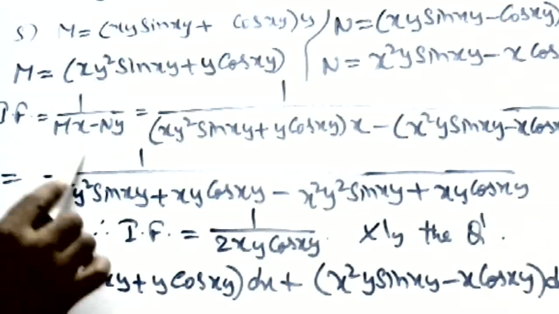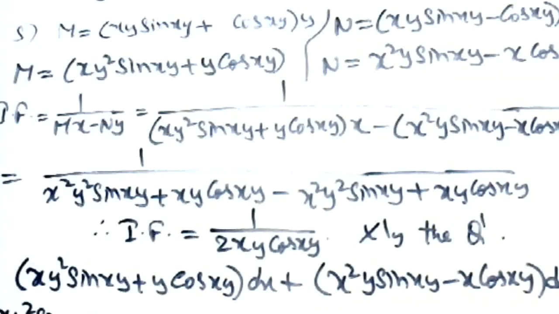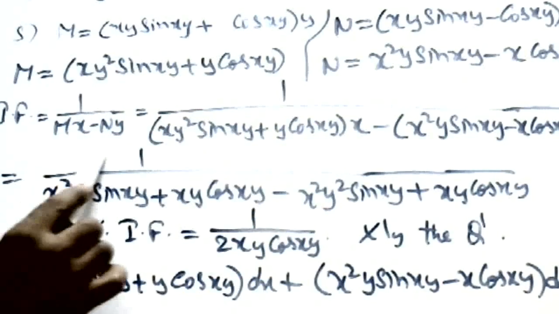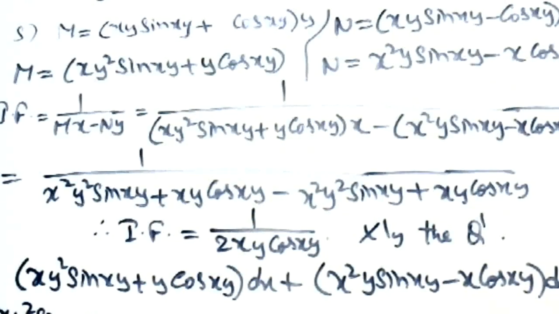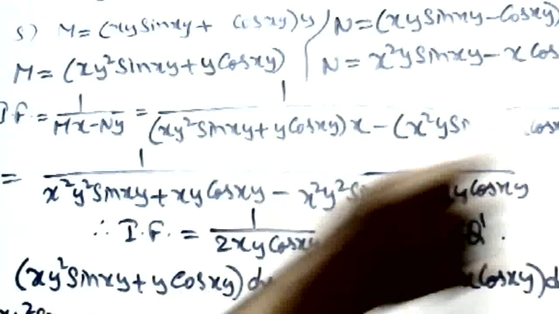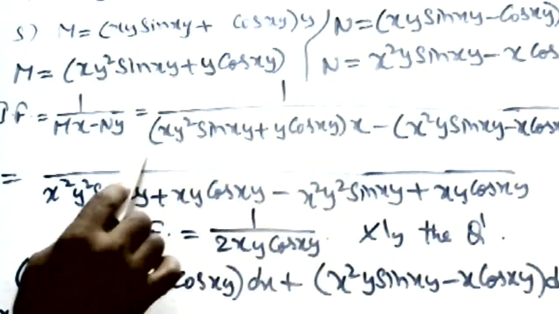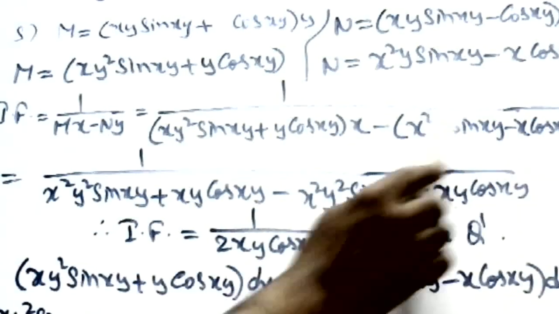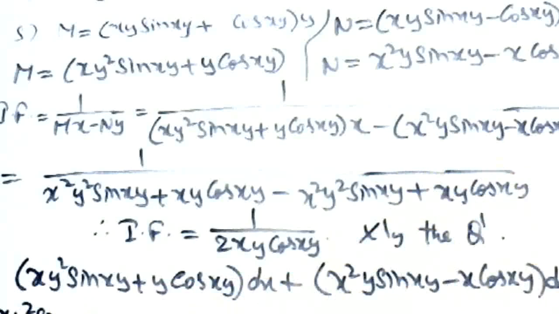So we directly find the integrating factor. To prove exact or not takes lengthy time, because it is already in the form. We can take directly 1 by mx minus ny. So multiply x into x square, x into y xy. In the same way, y into y square, x into y xy.